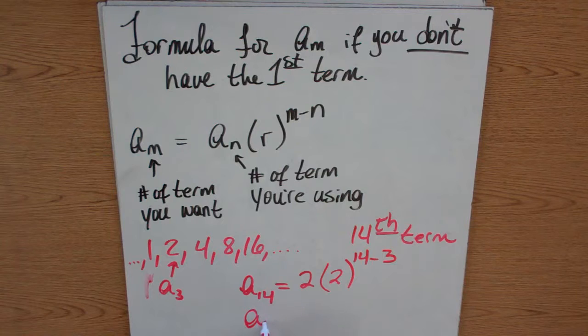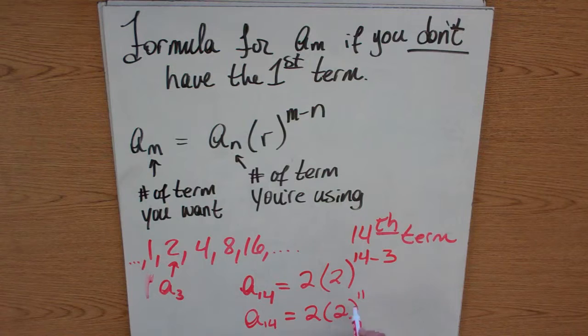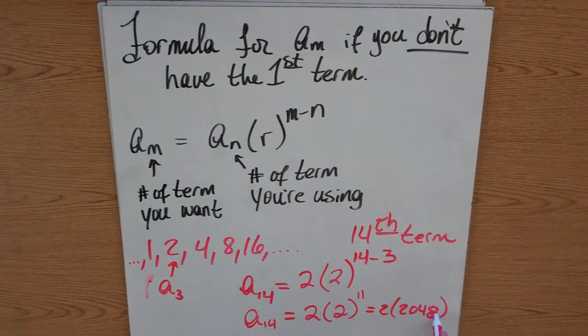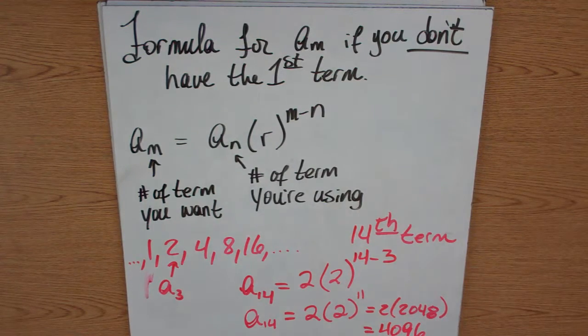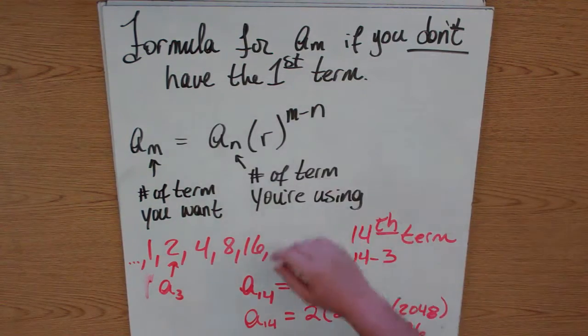So a sub 14 equals 2 times 2 raised to the 11th. So 2 raised to the 11th is 2048, and 2 times that is 4096.